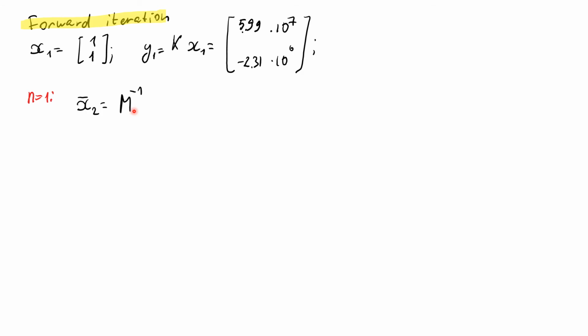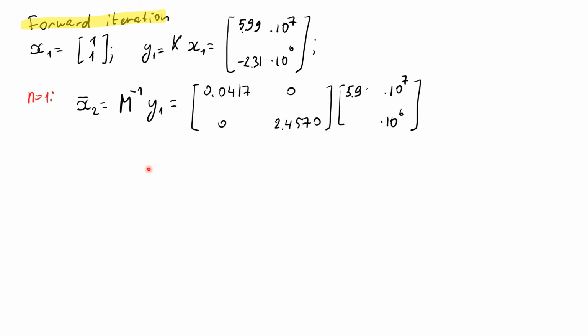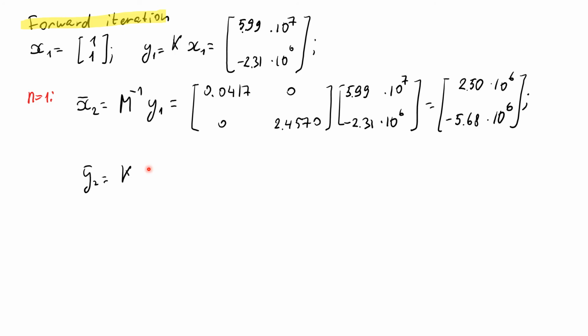with the first step, where we obtain x2 bar, and again here we have an inverse of mass matrix and not the inverse of K matrix. So this is the inverse of our mass matrix. After multiplication we obtain the vector for x2 bar, and then plug it in here to obtain y2 bar.